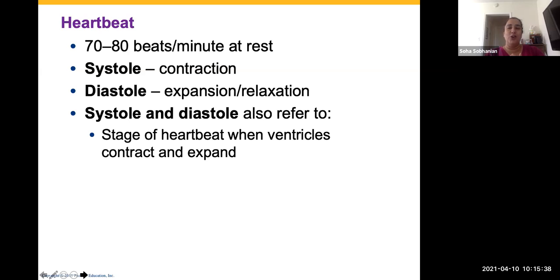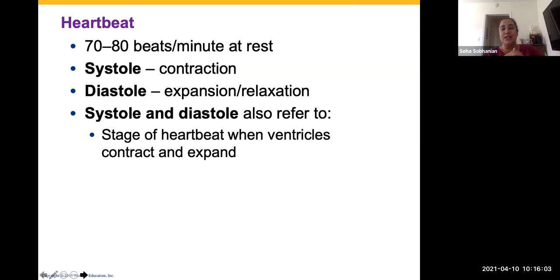If you have ever looked at your blood pressure machine, have you seen the numbers for your blood pressure? What is the common number that you want to have for your blood pressure? Anybody? 120 over 80. Sorry, I had a piece of ice.